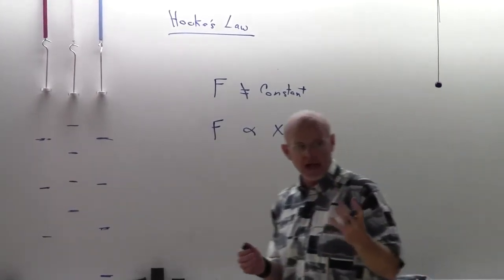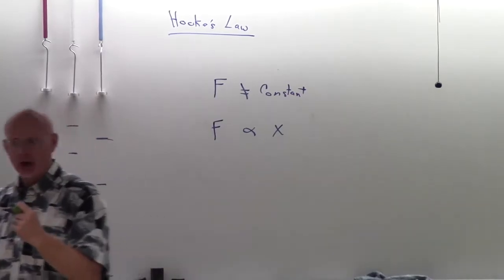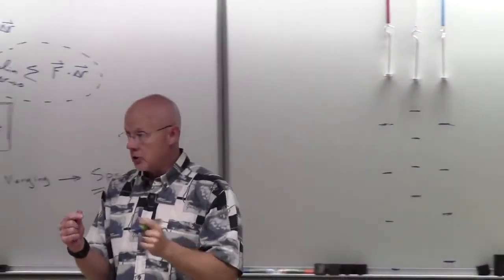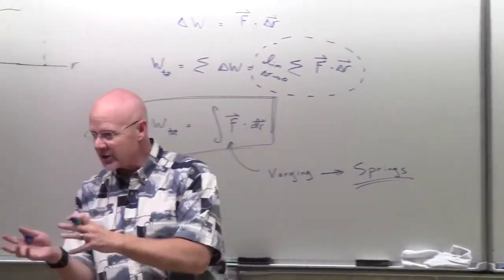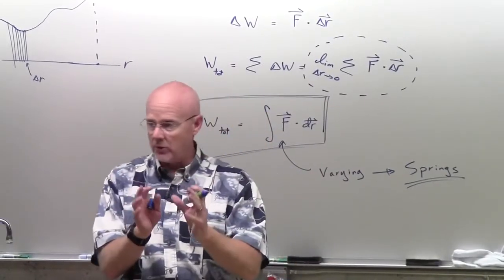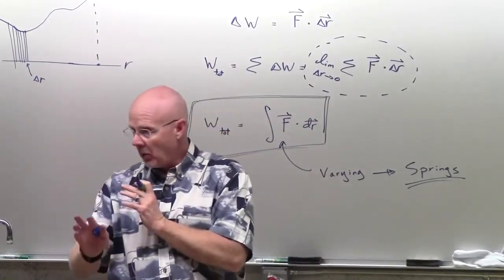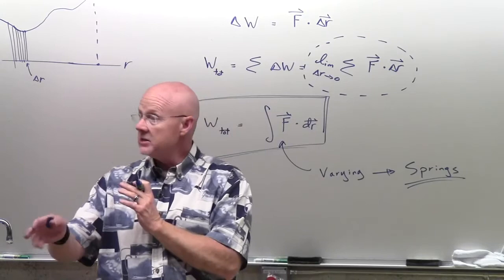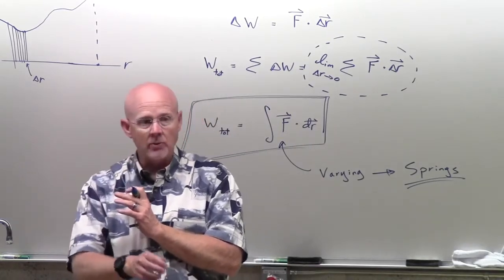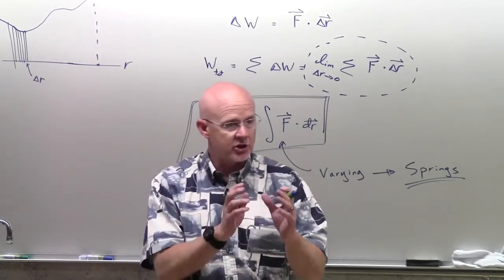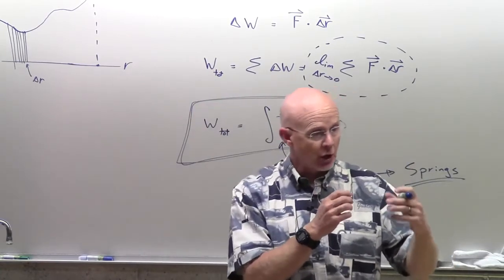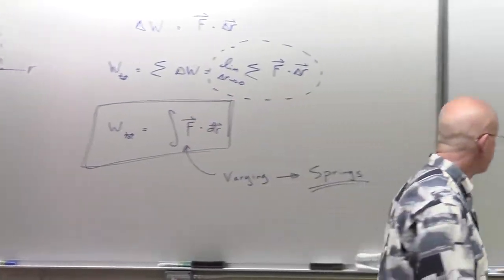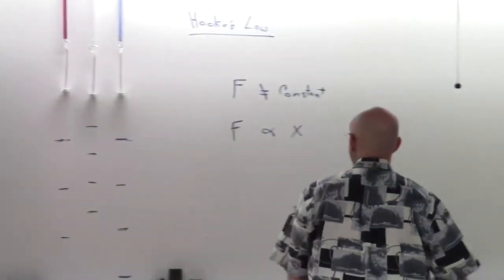Okay if I use an x for the symbol? Because I know I'm stretching it in the y direction. And so notice here that I'm not talking about the x direction or the y direction at this particular moment. I know I'm using an x. But what I mean by the x here is not the x direction. What I mean by the x is how much did I stretch the spring. Okay?